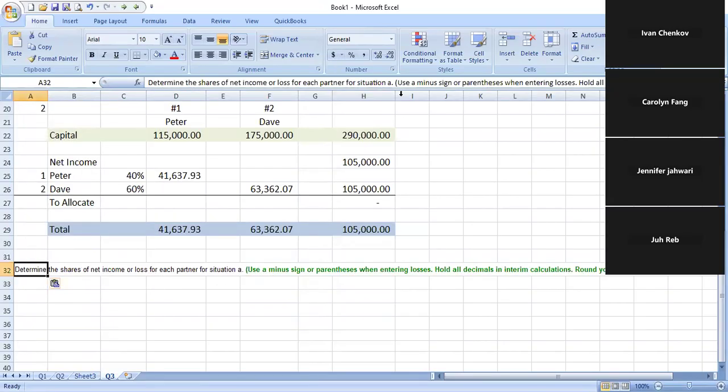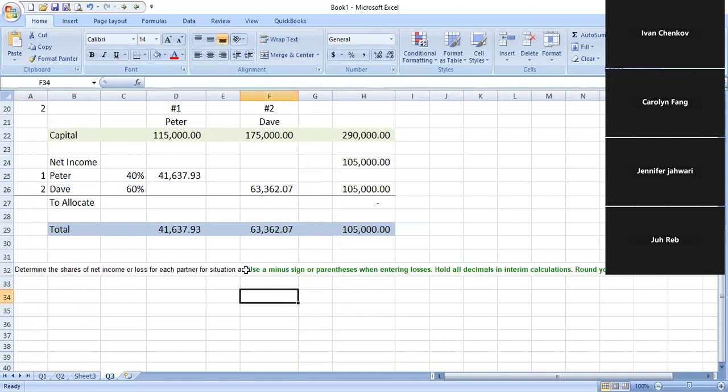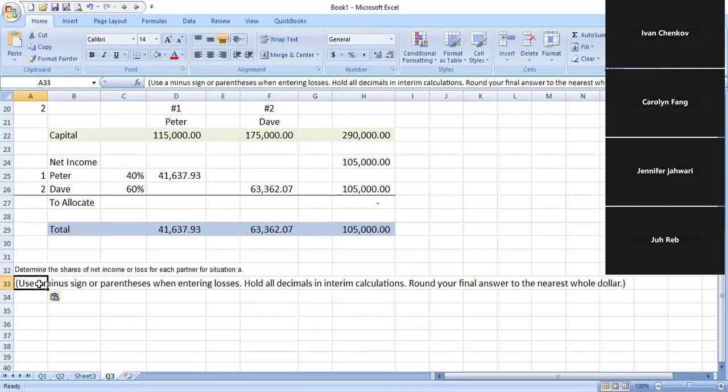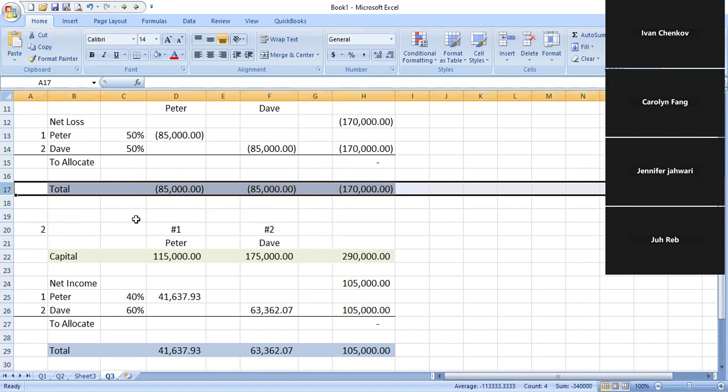So watch what the question says: use a minus sign or parentheses when entering losses. In this case you can use the parentheses or minus sign. Everything is going to be okay. Which information do you have to enter? Only the cells highlighted in blue.